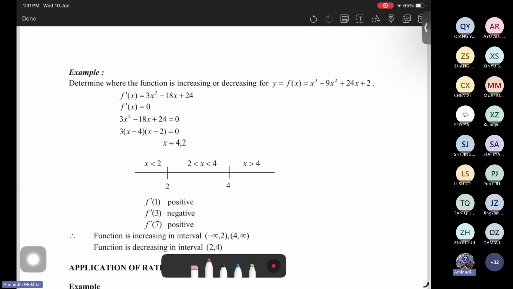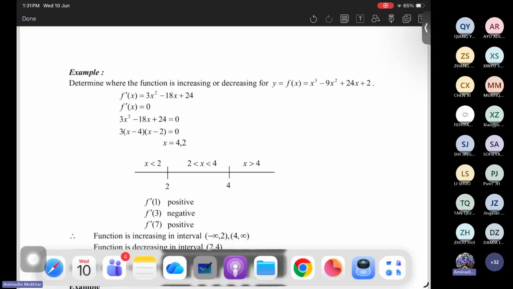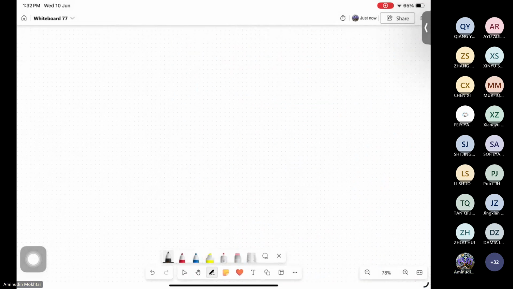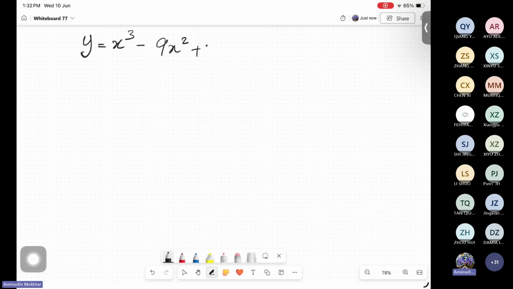Let's say I have this cubic function, y equals x to the power of 3 minus 6x squared plus 24x plus 2. We have this cubic function.